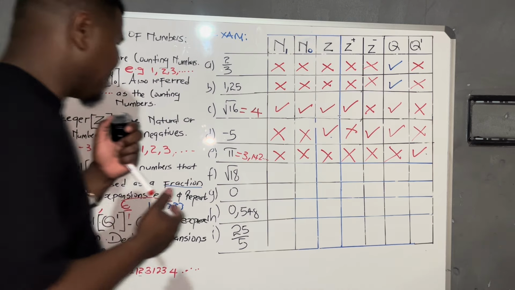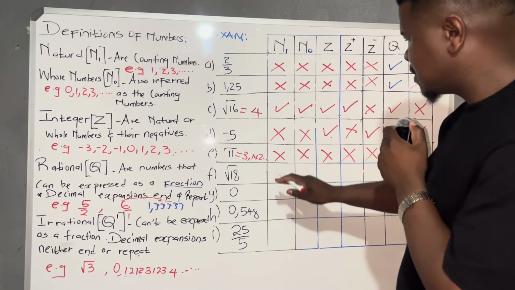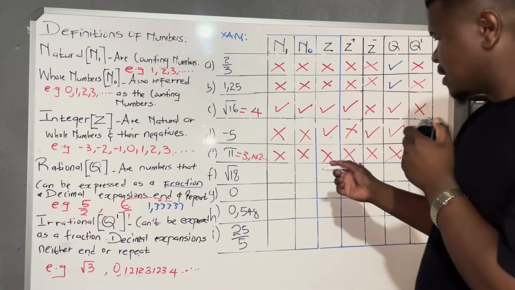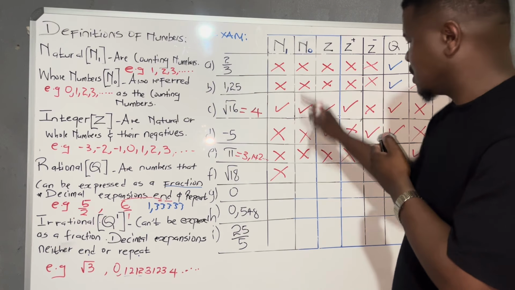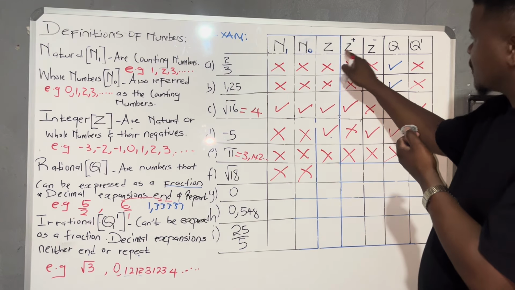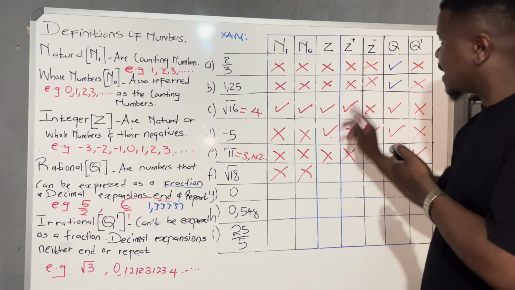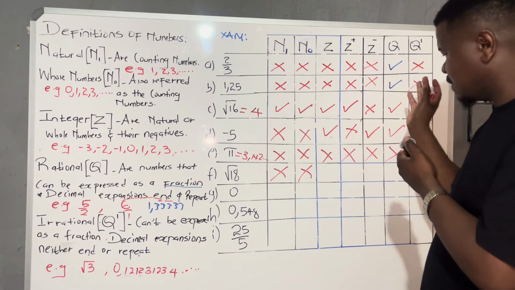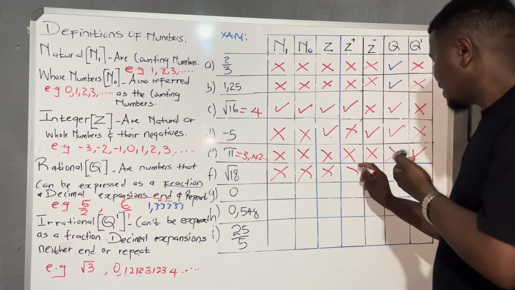But the fact that I'm getting a decimal number with a lot of digits means I cannot use this for counting. Then talking about Z, they are all integers, negative or positive, but not in the form of a decimal. So it cannot be this.